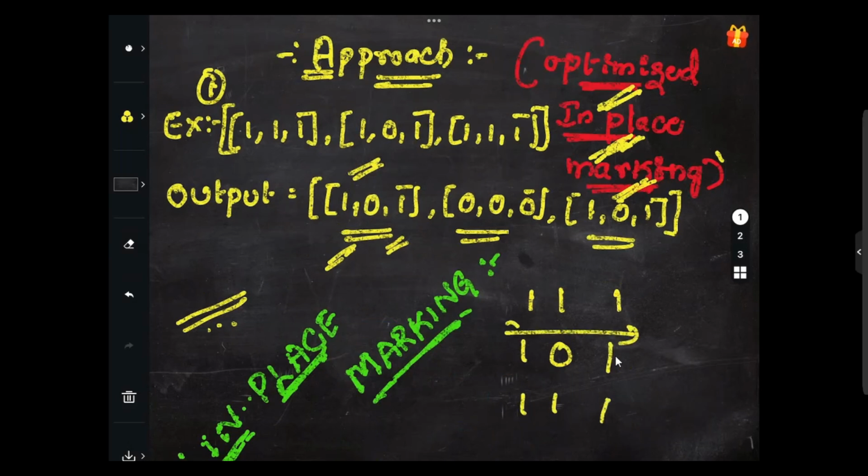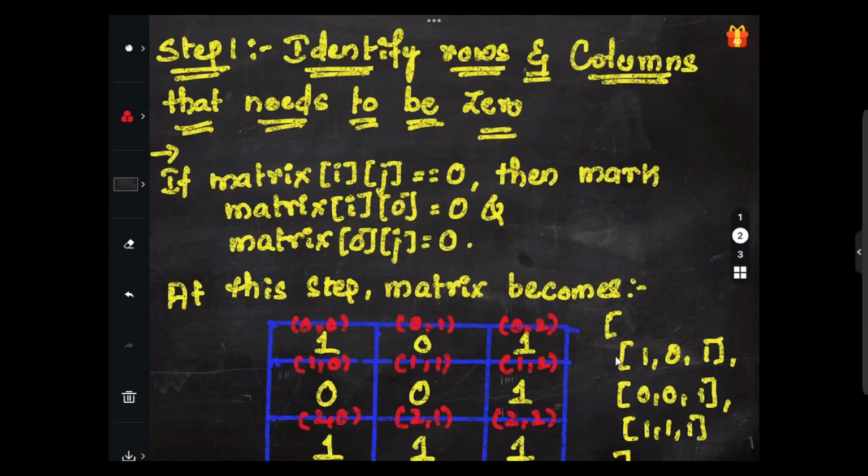This row has to be 0 and this column has to be 0. The first thing we need to consider: if matrix of i j equals 0, then mark matrix of i 0 equals 0 and matrix of 0 j equals 0. This one we will be doing.